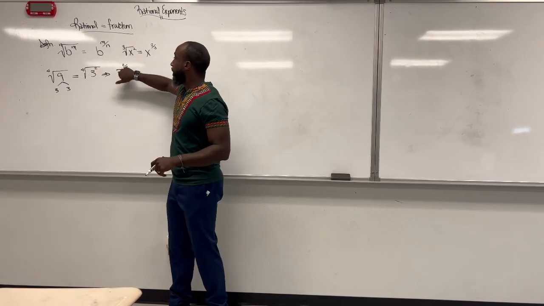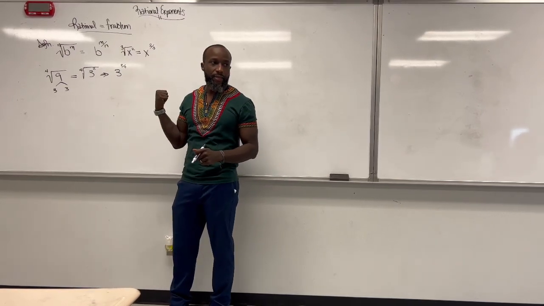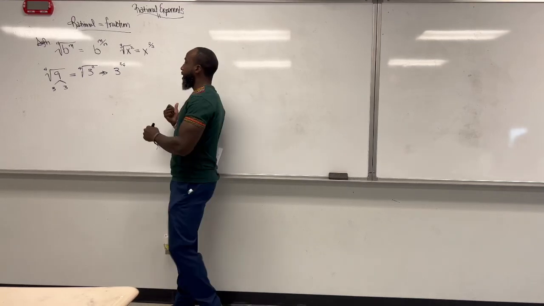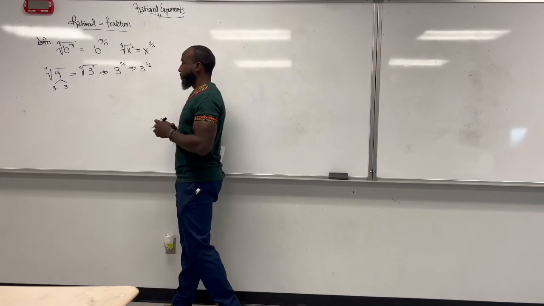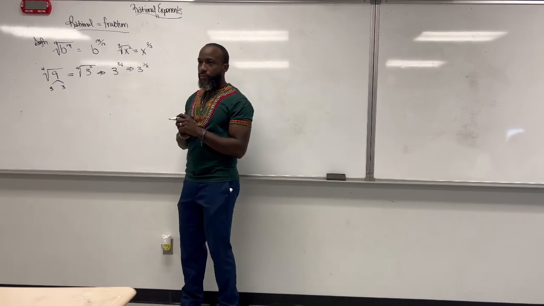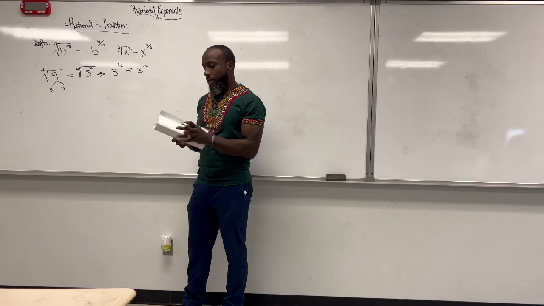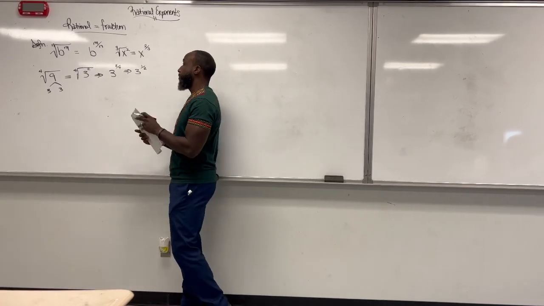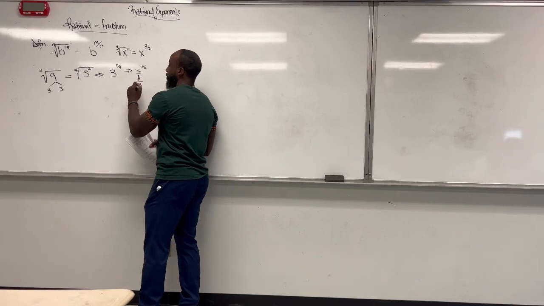Now, from here, you want to simplify. What would that simplify to be? 1/2, right? So it's 3 to the 1/2 power. And so that's what simplify means. And then we can rewrite the 1/2 power as a radical, which is just the square root of 3.